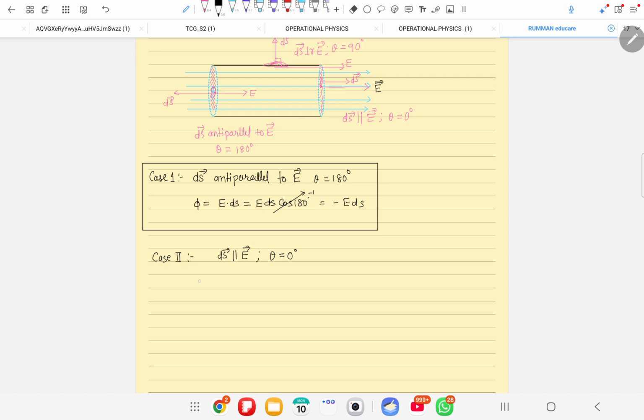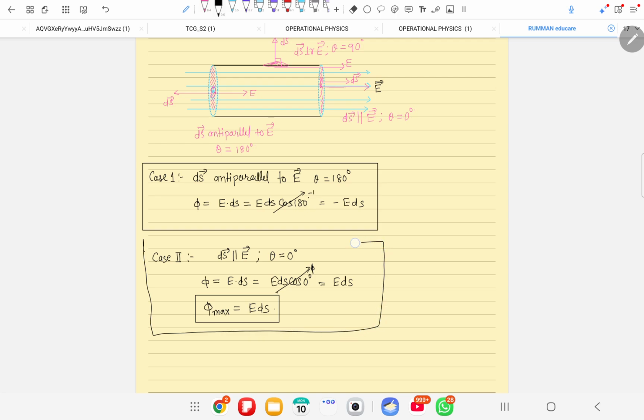So what will be the flux in this case? Phi is equal to E dot ds, which is E ds cos 0 degrees, and cos 0 degrees is equal to 1. So in this case the flux will be maximum across this region because the area vector is parallel to the field. That's why the flux is maximum.